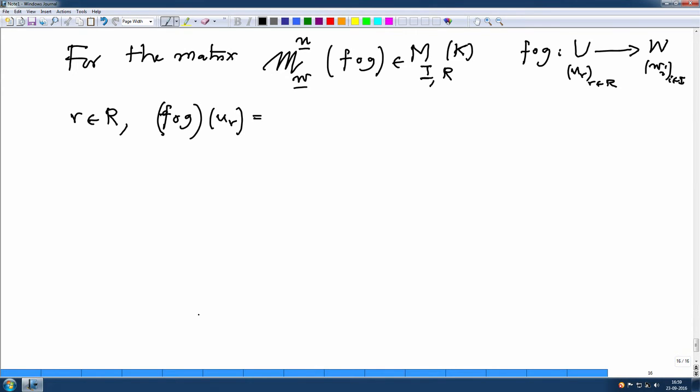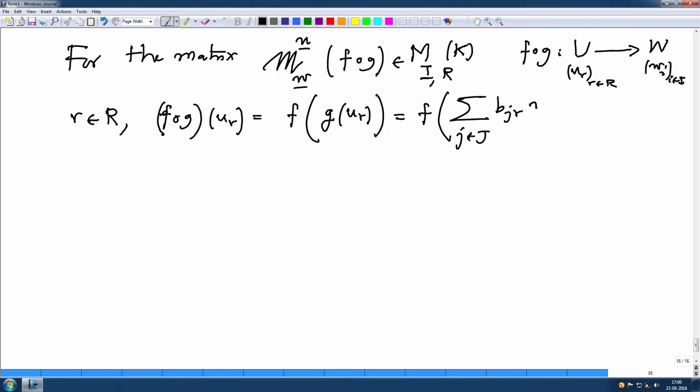So by definition, first you apply G. So F of G of UR, but G I know how to write: that is F of summation J in J, B J R V J. That is how we have written G of UR. And now F is linear, so I push F inside, and these are scalars, so they come out.